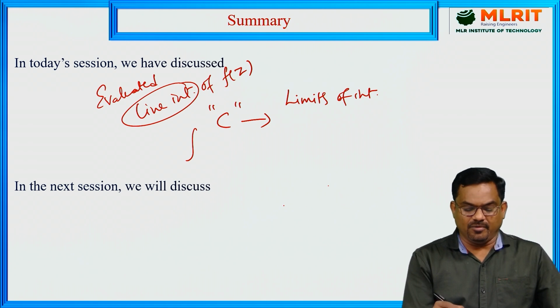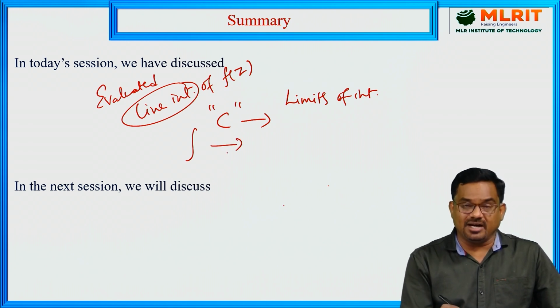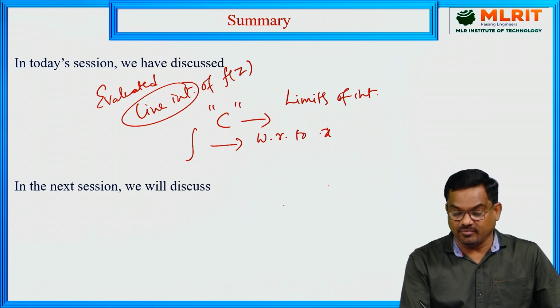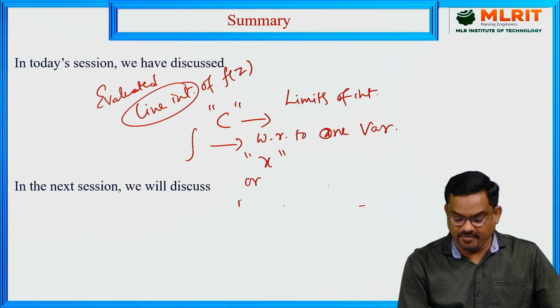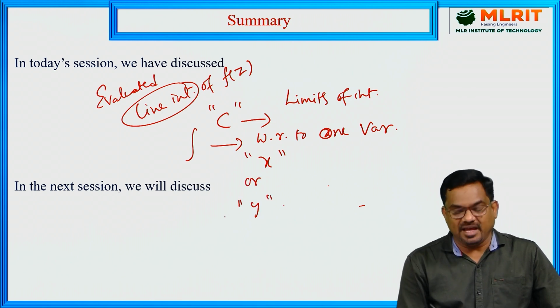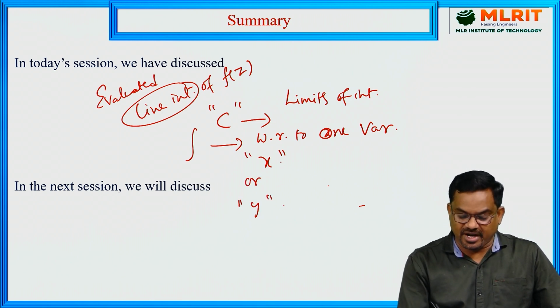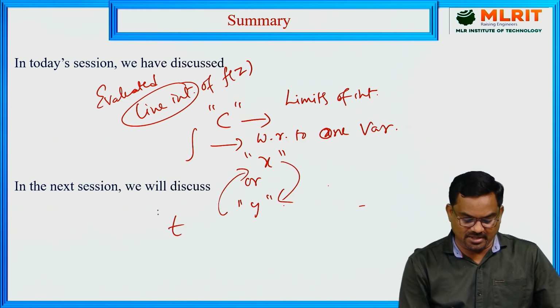So we can evaluate this integral with respect to one variable only. That can be either x or y or any other variable. So we need to transform x to y or y to x, or both x and y to some other variable t, theta, etc.